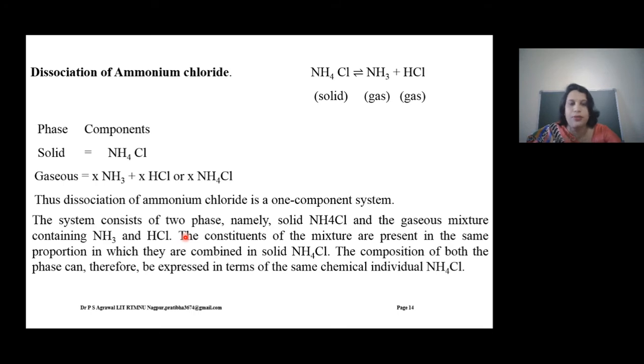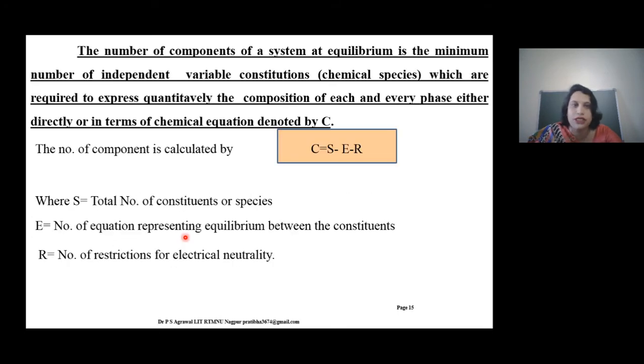Thus, the number of components of a system is not only chemical entities, it is the minimum number of independent chemical species which are required to express the composition of each and every phase, either directly or in terms of any equation.